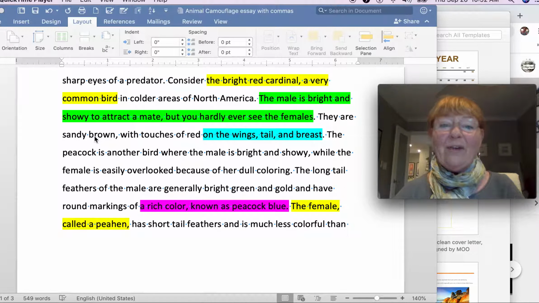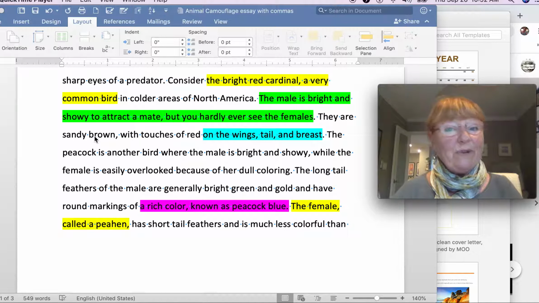In the yellow here, it says, consider the bright red cardinal, comma, a very common bird. The reason for using a comma there is because a very common bird is actually short for a relative adjectival clause, which is a very common bird.